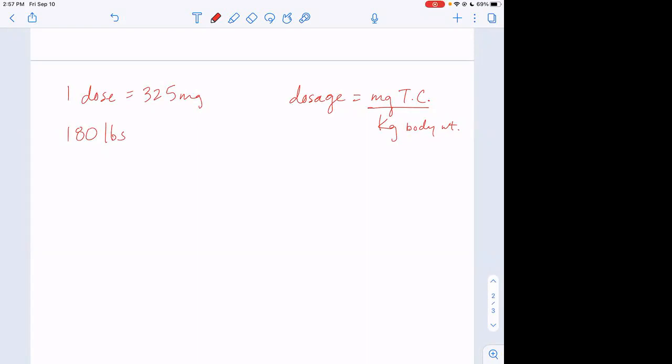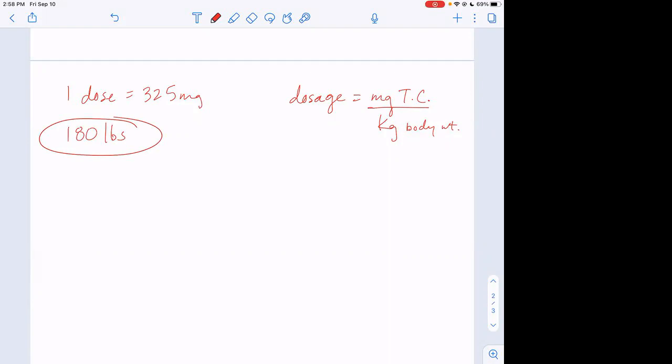So you need to find his milligrams of drug that he took. The problem tells you that. And you need to find his body weight in kilograms. And then all you do is divide. You're not trying to cancel units, and you're not trying to cross multiply and rearrange an equation here. You're just plugging in his milligrams of the drug and his body weight in kilograms. You're given his body weight just in pounds. How do we convert that to kilograms?